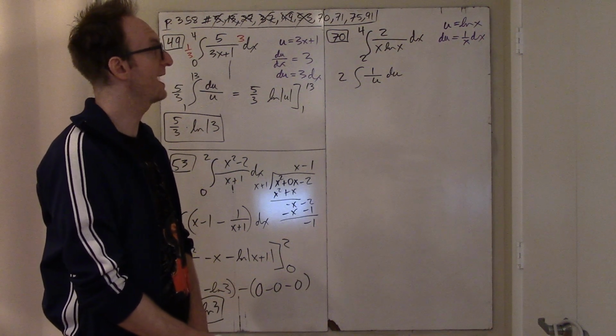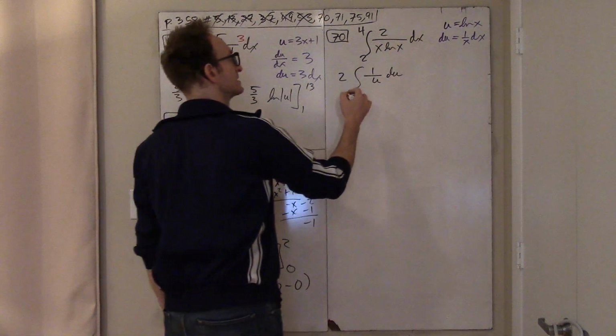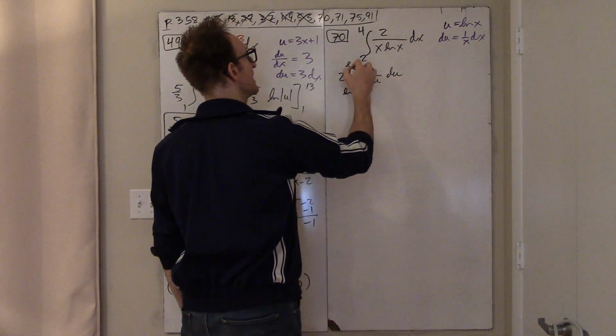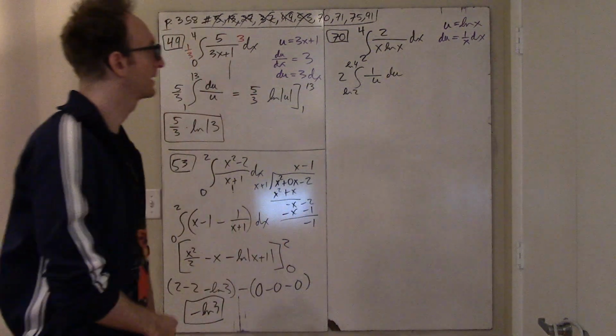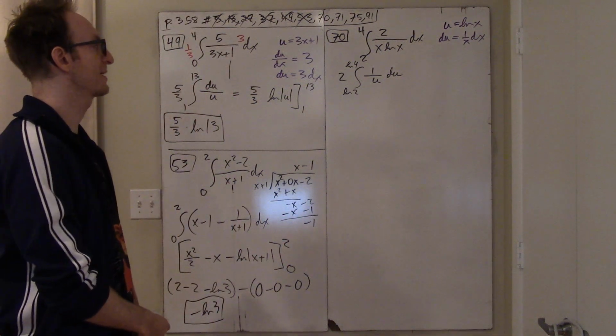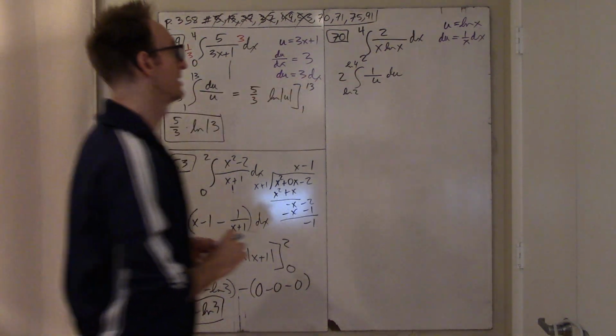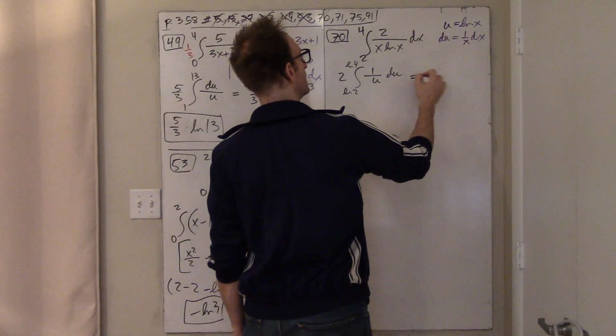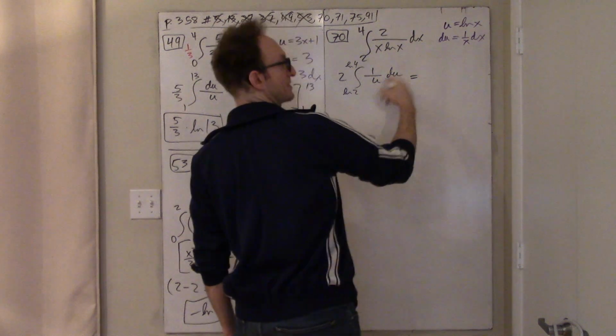I have to change the bounds. So this is now ln 2 and ln 4, because when x is 2, u is ln 2. But now I have to do this integral, but this integral is going to be, well, it's natural log again, right?